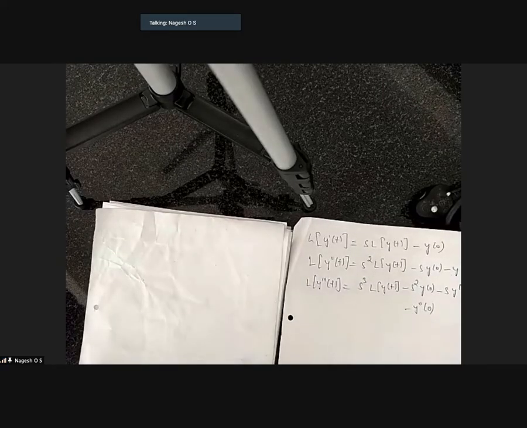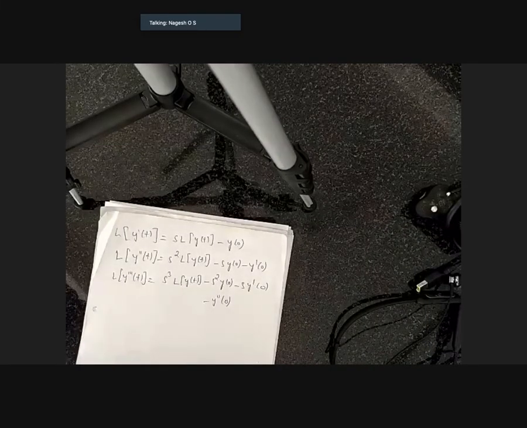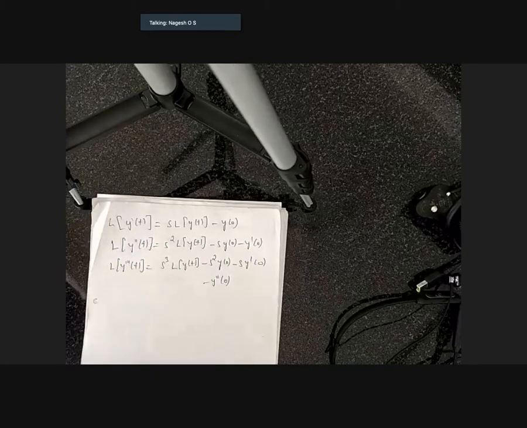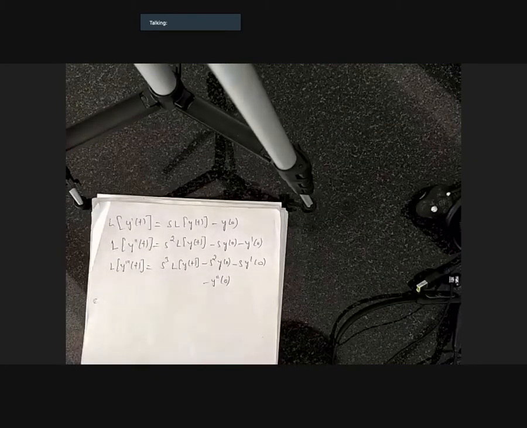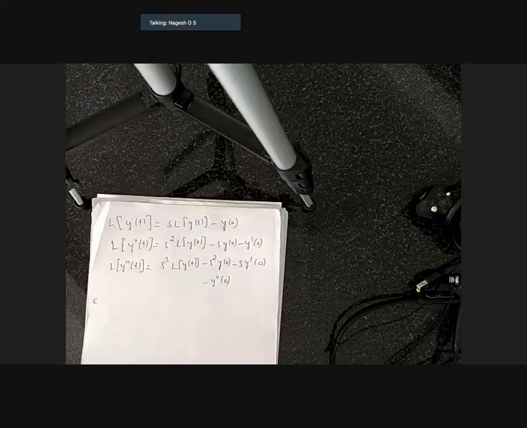We'll continue problems. Before that, these are the Laplace transforms of derivatives. These are very important. Laplace transform of y dash of t is equal to s Laplace transform of y of t minus y of 0.